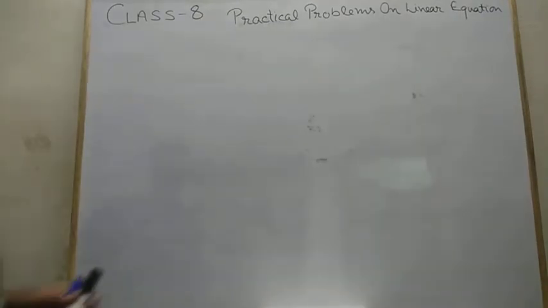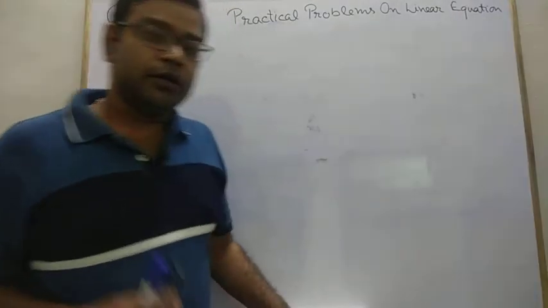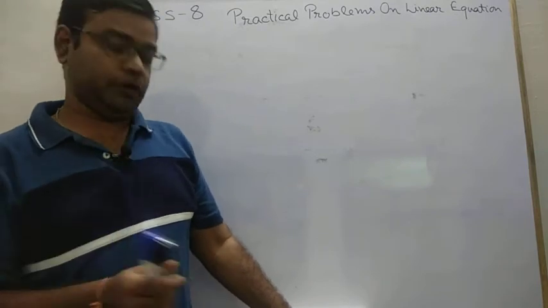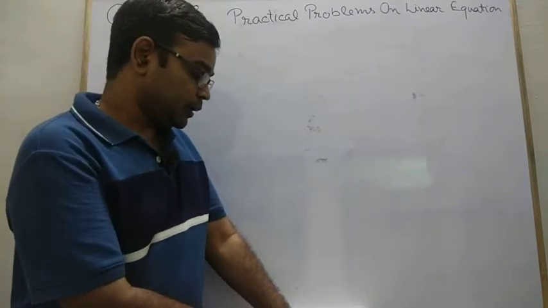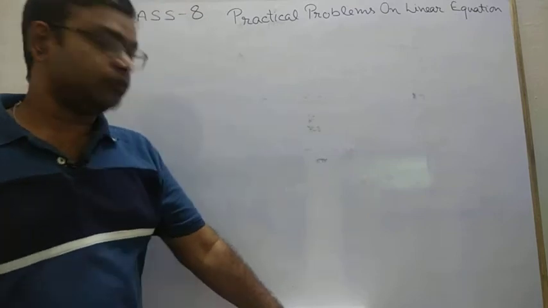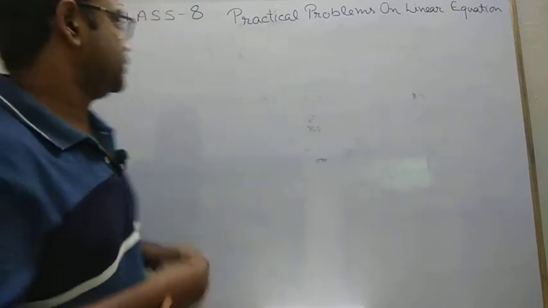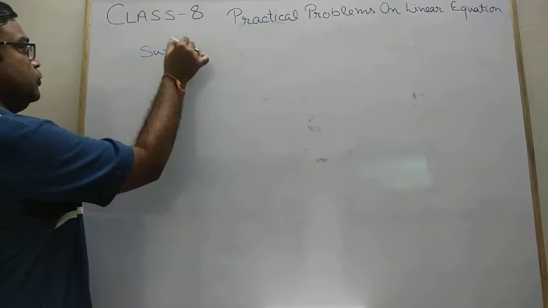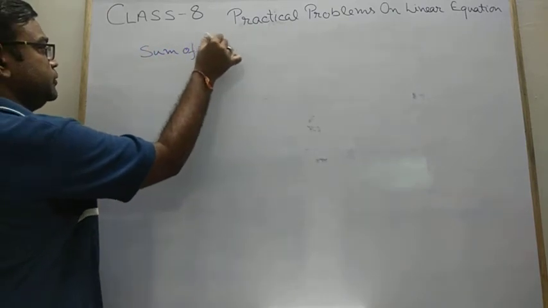Another question in this book, it's a little bit lengthy, so I am reading slowly and noting down some important parts. It says that the sum of two numbers is 80.